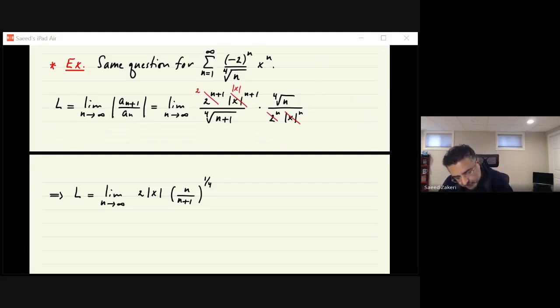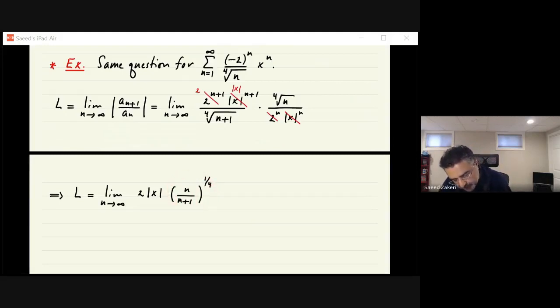By the same reasoning, n over n plus 1 goes to 1. I'm raising it to a fixed exponent. It's important. So it's going to be 1 to the power 1/4, which is 1. So this limit will be 1.